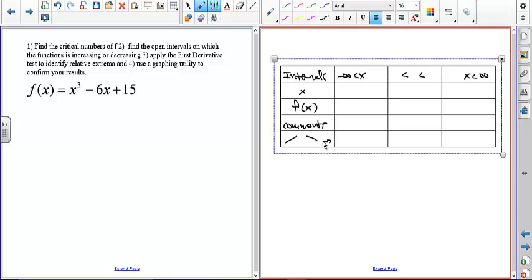So in this one, you don't really factor. You're going to end up with x squared plus or minus something equals 0. Just solve for x squared. The result will be plus or minus something, and it's not an integer, so it's a radical.